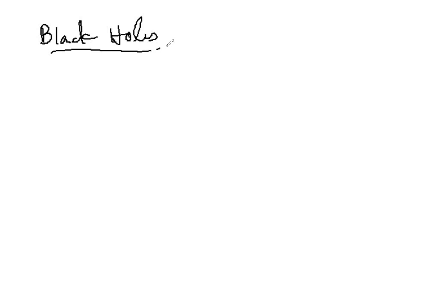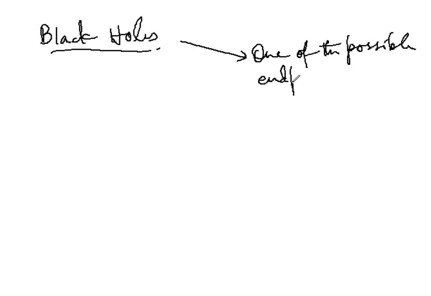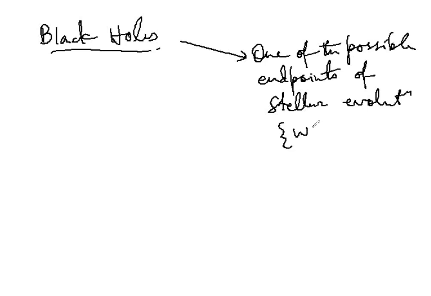The first one is that they are one of the possible endpoints of stellar evolution. What are the other two? Do you remember? The other two are white dwarf and neutron star. We have talked about this a lot.